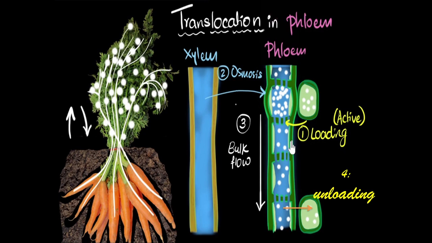So whatever food has been prepared by the green parts has to be transferred to other parts of the plant. That happens through translocation, and the tissue which helps in the transportation of food is the phloem.